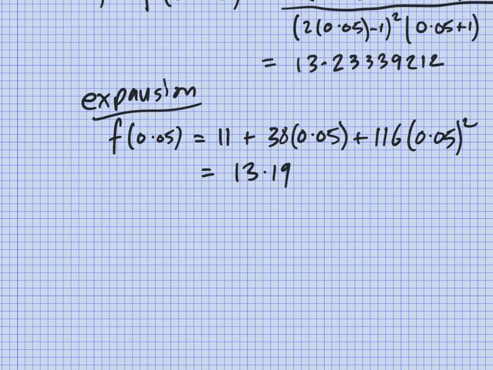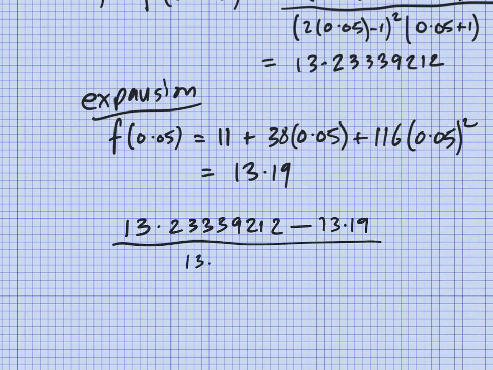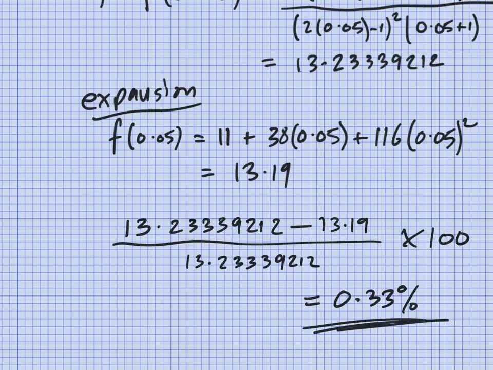So to do that, we do the difference between the two: 13.23339212 minus 13.19 all over the original value, times by 100 to make it a percentage, comes out as 0.33%. Good.